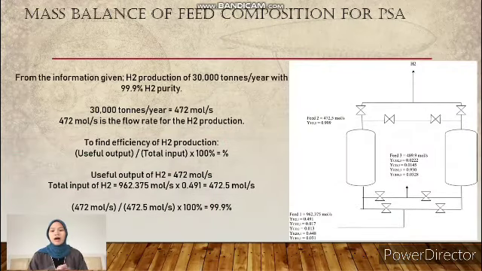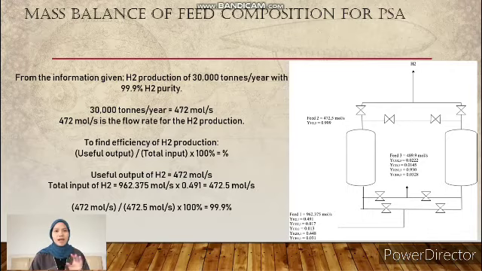The feed of this cycle is gained from the process modeling and simulation calculated in the PMS part, whereby we get that the feed is 962.375 mole per second, and the composition for H2 is 0.491.